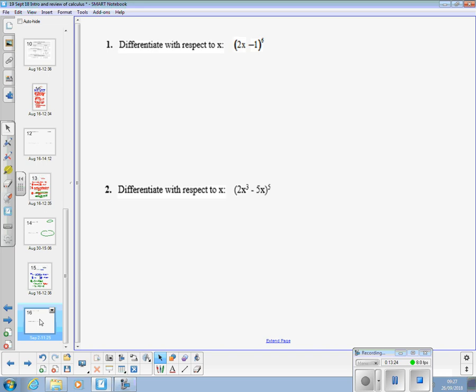We'll fill the board or our piece of paper with a mess. What we'll do is use the chain rule, letting u equal 2x minus 1. So have a go at that top one at least and see if you can get a result for that. Okay? I'll put the final results on the board so you know what you're aiming for.